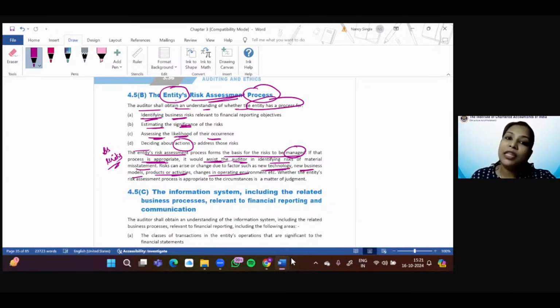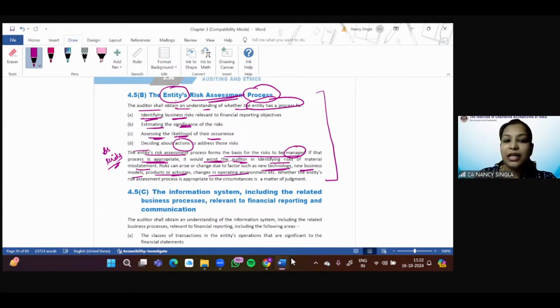Why? Because when the auditor performs the risk assessment procedure in order to identify and assess the risk of material misstatement, he will inquire with the management, and let's say the management says, listen auditor, we have identified, assessed and evaluated that such kinds of technology changes are going to come. So now this is going to assist the auditor in identifying the risk of material misstatement.